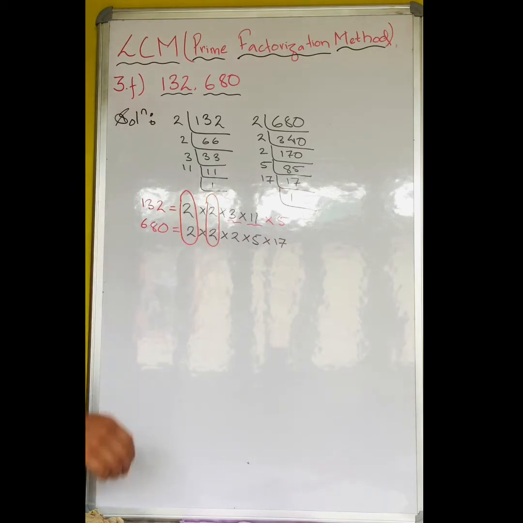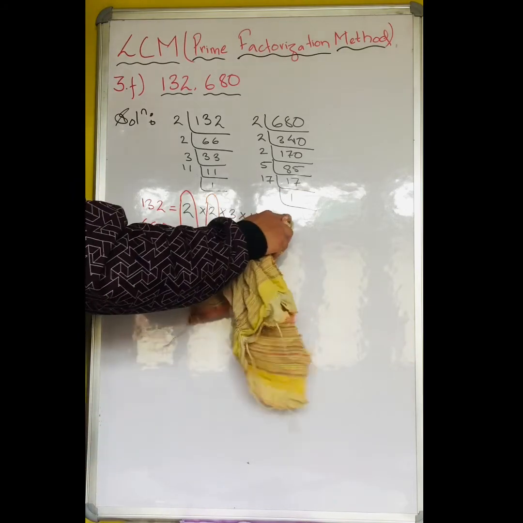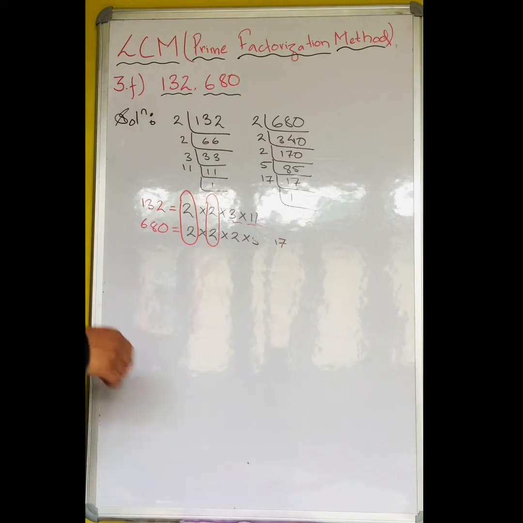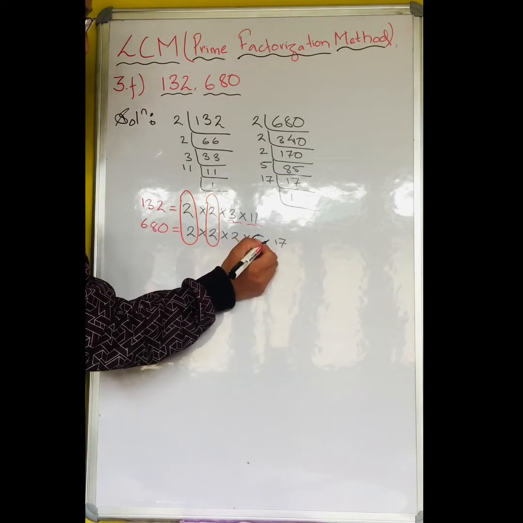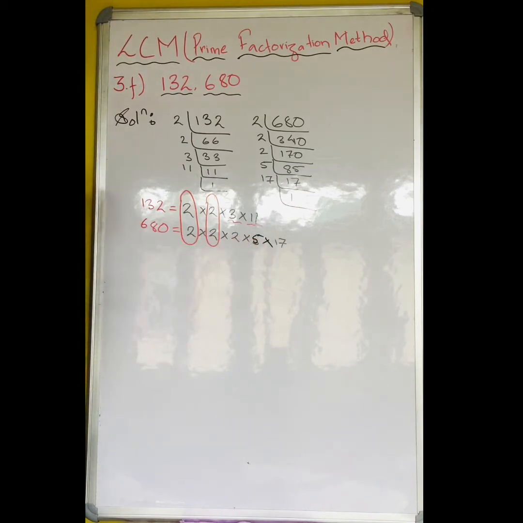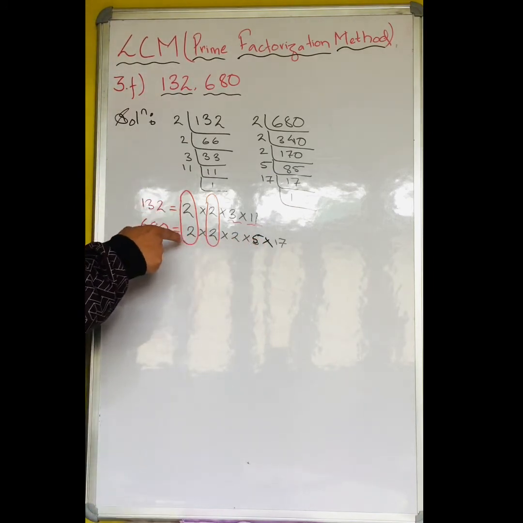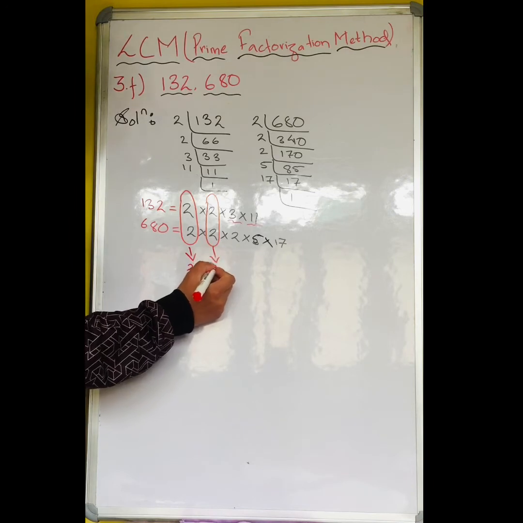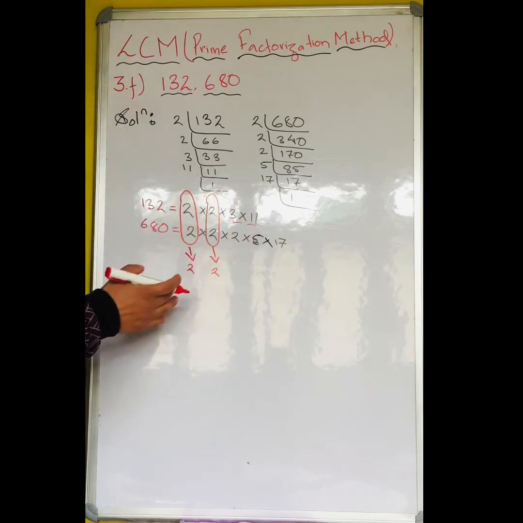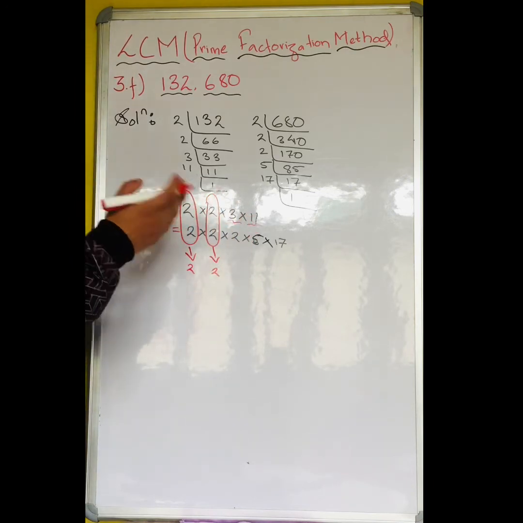But here there is no 5, so I erase this 5. And here there is 5 into 17. Now for each pair you have to write one number. So for this just write 2, and for this you just have to write 2. Others you have to write the same numbers.